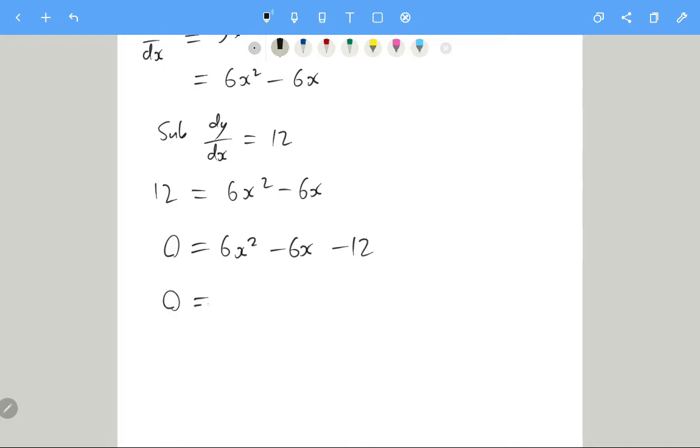Factorize out the factor of 6. We can now cancel that in a sense. So now we just need to factorize the inner bit. Something that multiplies to equal negative 2 and adds to negative 1. This can only be negative 2 plus 1.